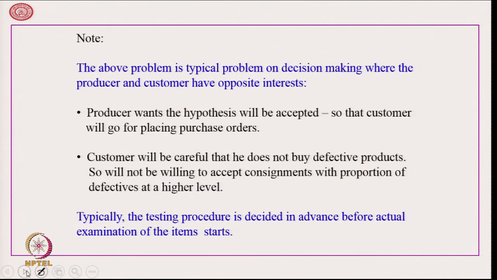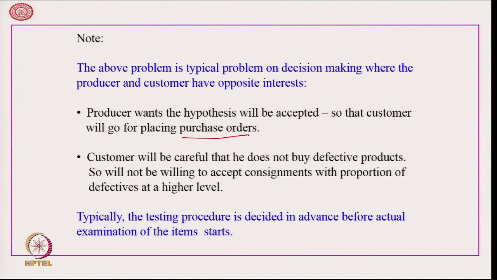Now, this is a very typical problem on decision making, where the producer and the customer have opposite interests. A producer wants the hypothesis to be accepted, so that the customer will go for placing purchase orders, because if the purchaser is convinced that the number of defectives is small, then he is likely to go for purchasing the items from the producer.